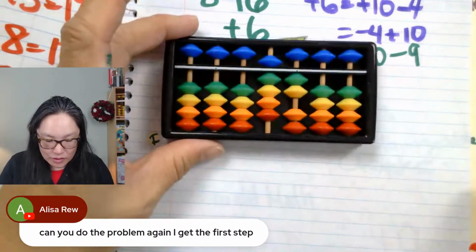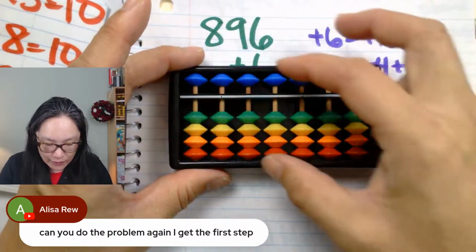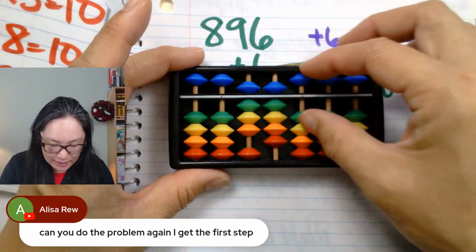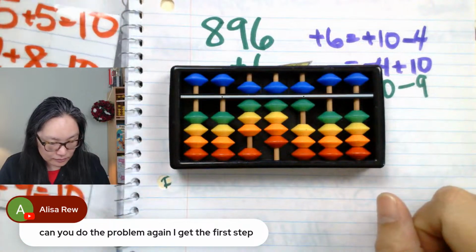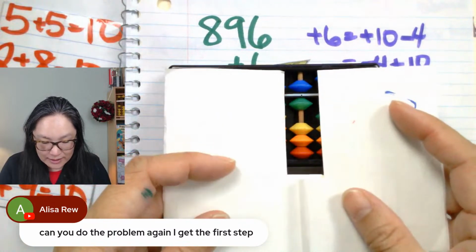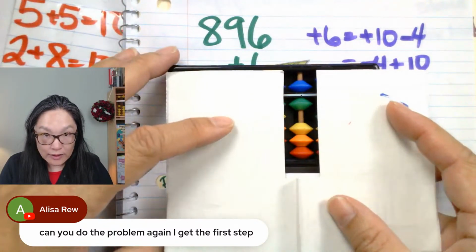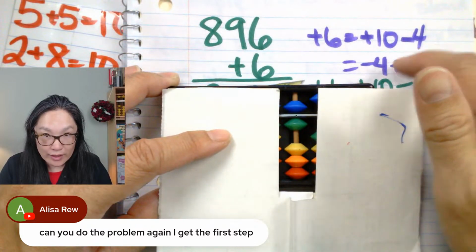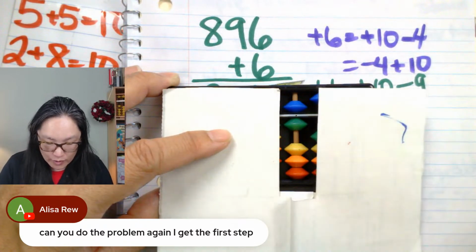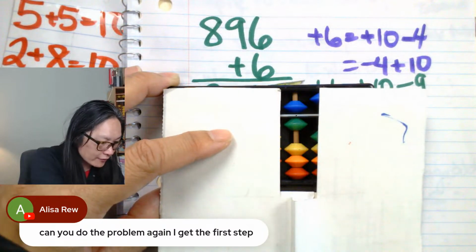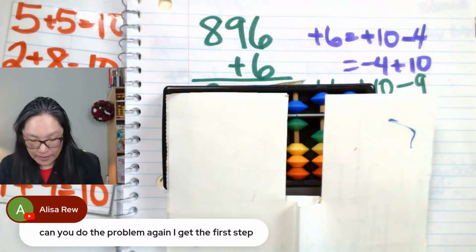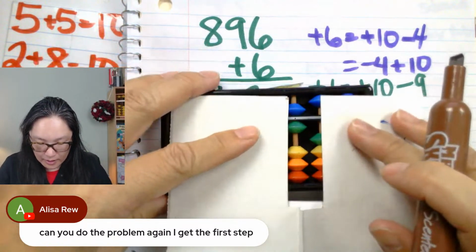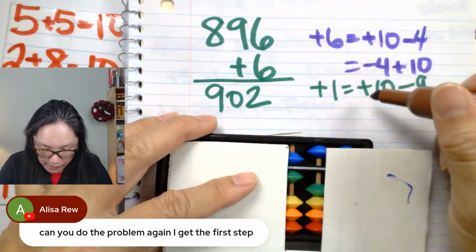Yeah. So the first thing, right? We have 9, 8, 9, 6. When we look at the 6, we're looking here, right? I want to minus the 4. We know how to do that, right? We're going to minus the 4 first. Remember how to minus the 4. I should have left room.